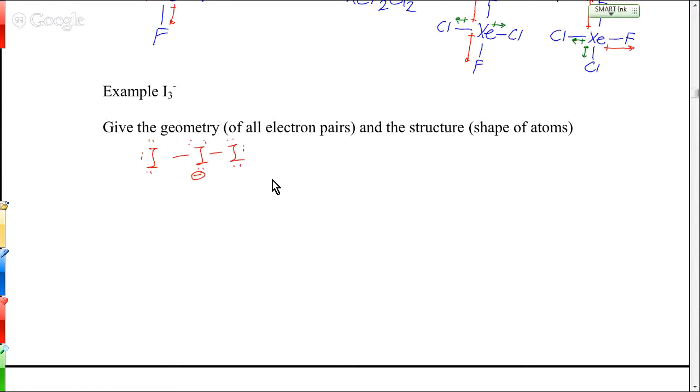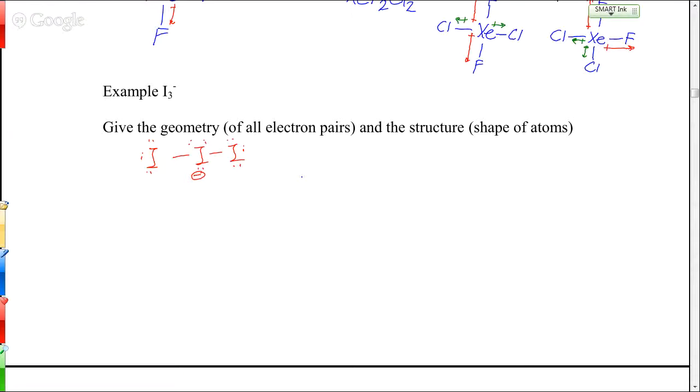So what's the geometry? First, what's the electron geometry? The geometry of all the electron pairs together. How do you figure that out? That's kind of like the big category that encompasses all the groups.